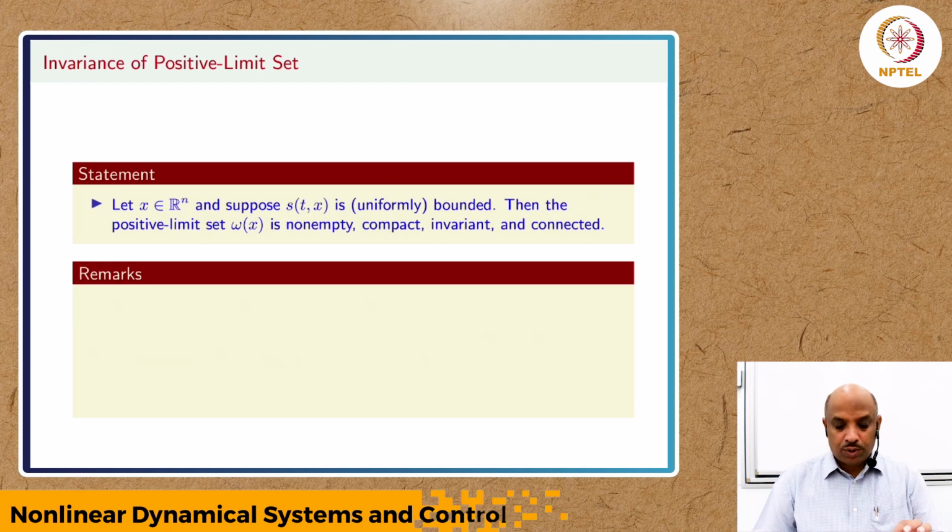All these continuity properties and the semi-group property of the dynamical systems or the flow will give us invariance, right? Finally, what is connectedness? If you have this orbit, you cannot have a bunch of points that are not connected, right?